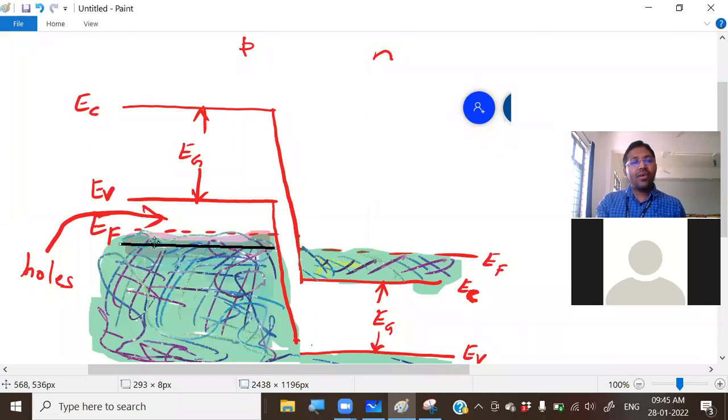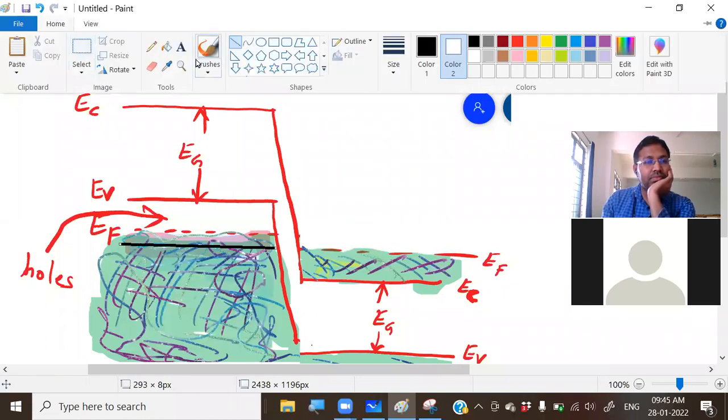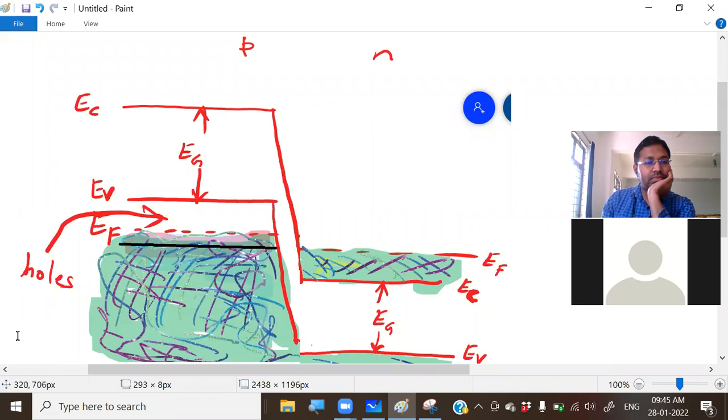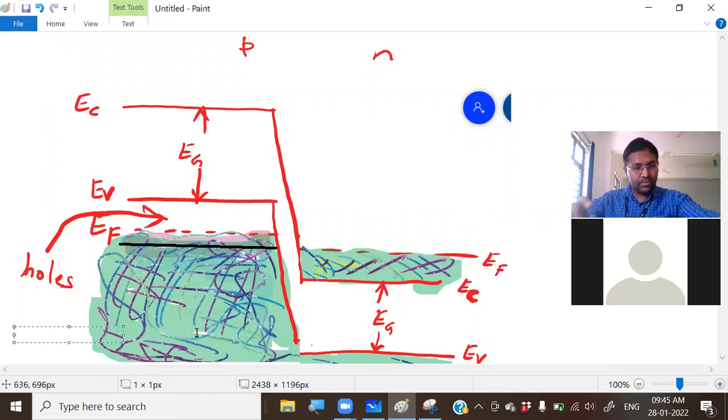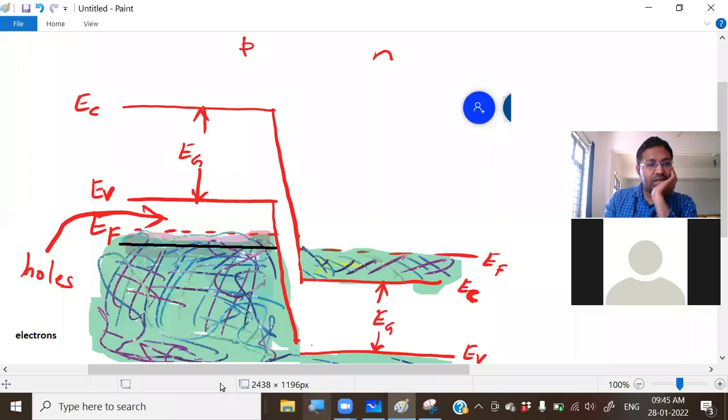Above the line, whatever electrons you have, those electrons, remember this shaded region, whatever I have shaded, are nothing but the electrons.